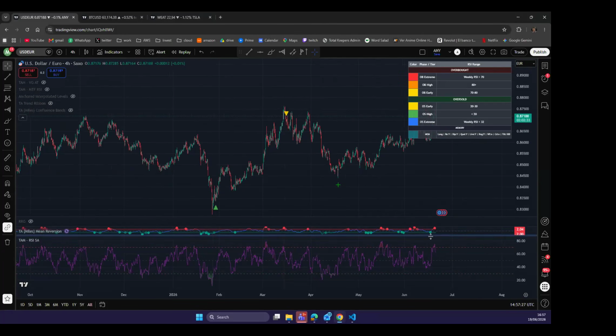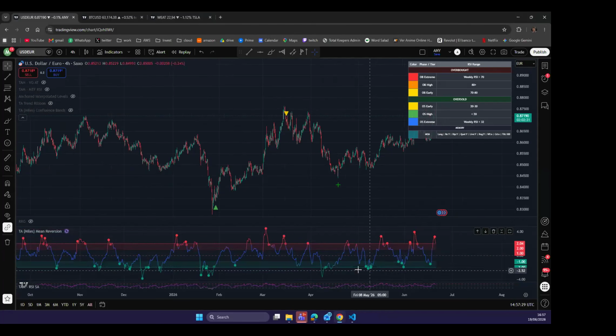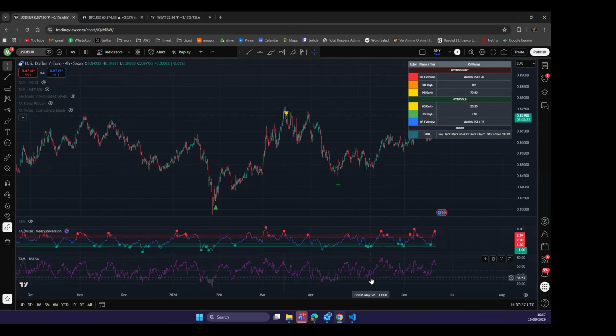So while we do get mean reversion signals, they are answering different questions to some degree with correlation. There will be correlation, but I think it's normal behavior for this to not always fire at the same time, right? Because especially on this one, I can see it's quite steady on the other side.